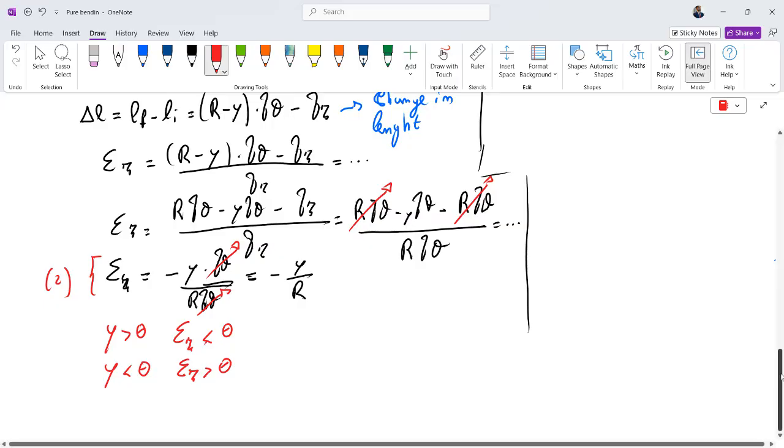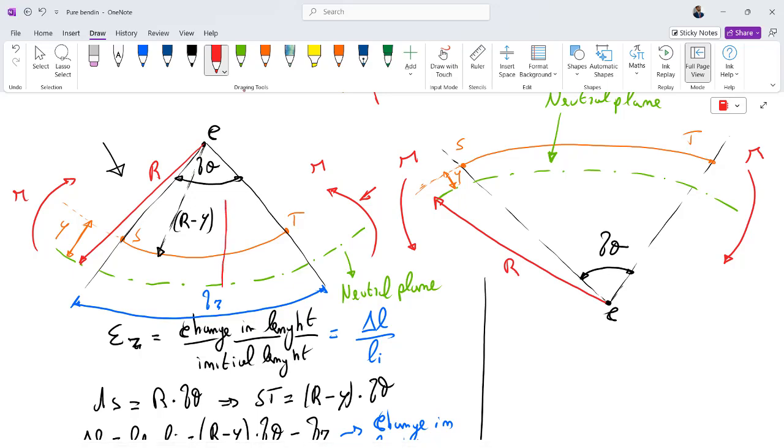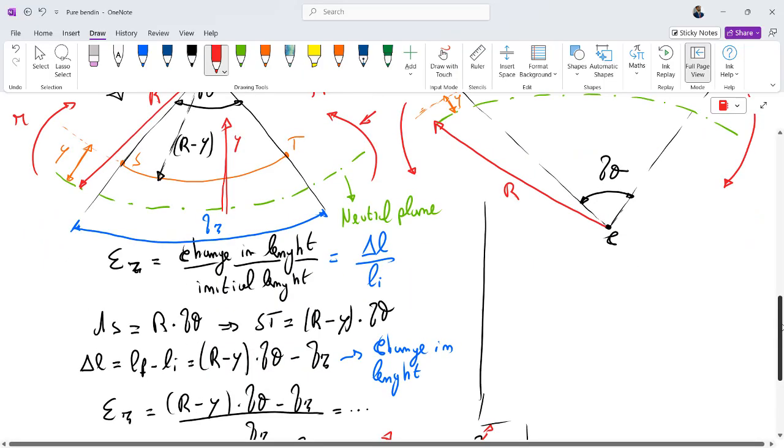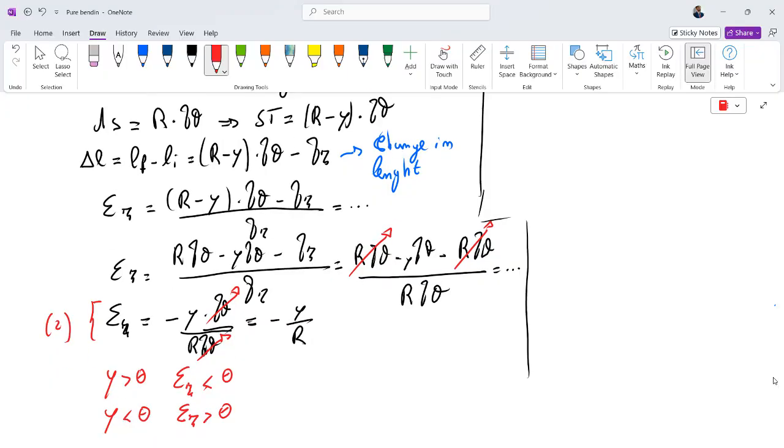So in this case, all the fibers in the direction of positive y, indicated by the red arrow, are changing length; these fibers are shorter than the initial fiber.